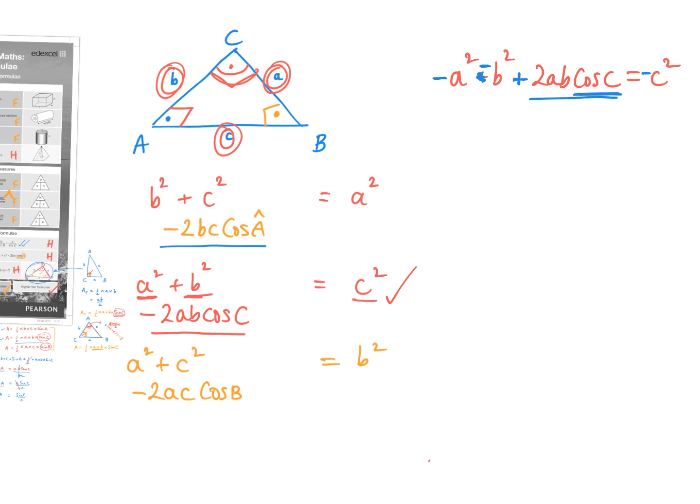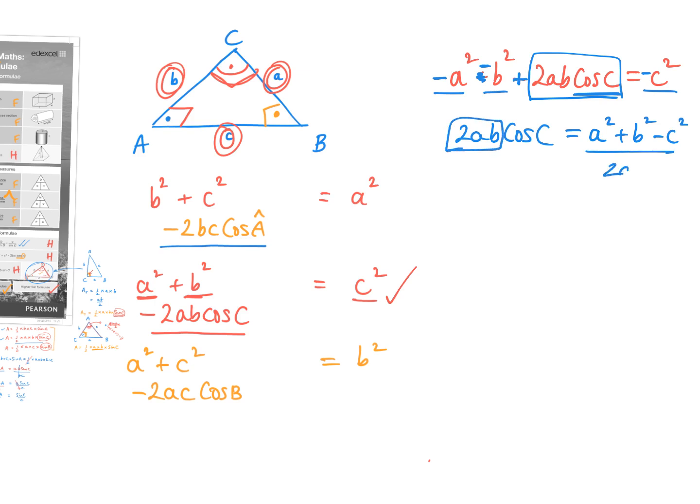We can leave all of this on this side here, so we'd have 2AB cos C, and then all we have to do is add A squared and add B squared. So we just have A squared plus B squared, the minus C squared is there for us, and yep, you've got it, we just have to divide both sides by 2AB, and there we have it, we have cos C. And so if you want to find C, you just have to do inverse cos or arc cos of both sides, and that will be your angle.